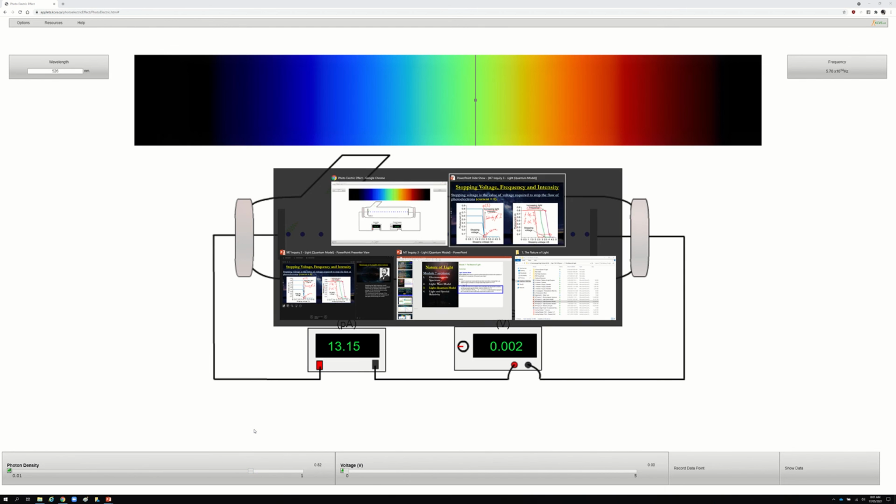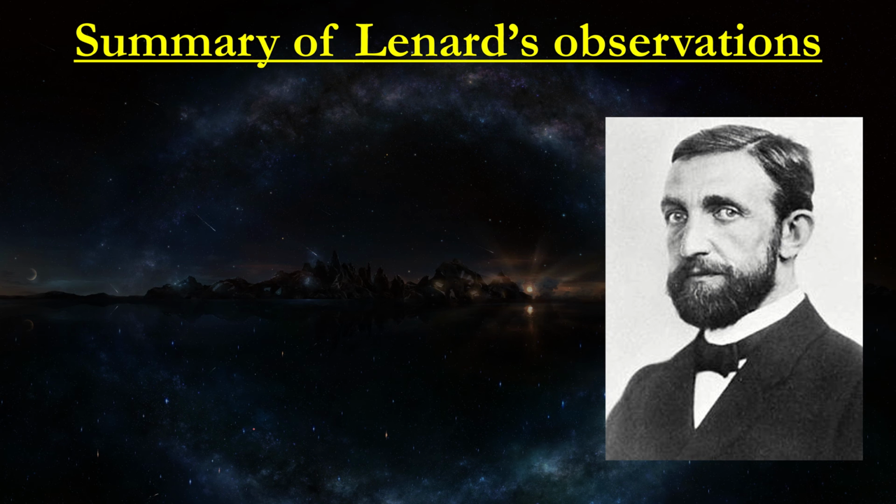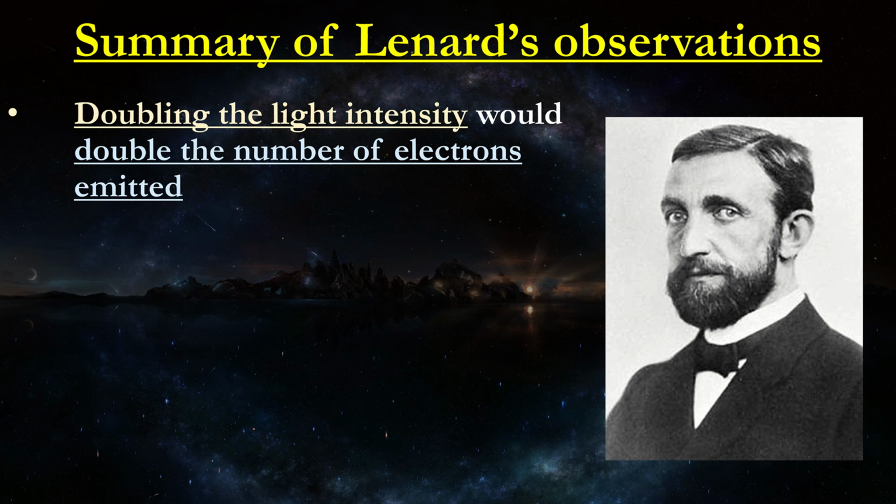So let me put that in simple terms again to summarize. Assuming that the electrons have been emitted, if you double the intensity of the light, so you double the amount of photons striking the piece of metal, you'll increase the overall current because you're emitting more electrons.